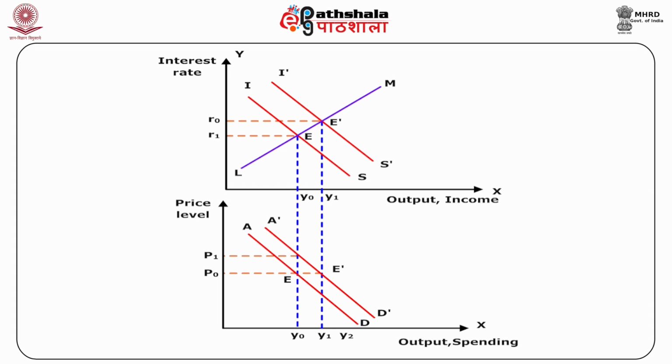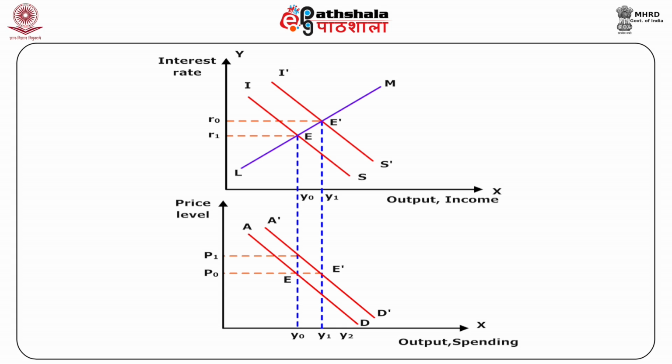This is the original aggregate demand function, and at point E it shows that the given price level is P0, and at this point the level of output is Y0. When the aggregate demand function shifts to the right, it becomes A prime D prime, and the new equilibrium would be established at E prime.